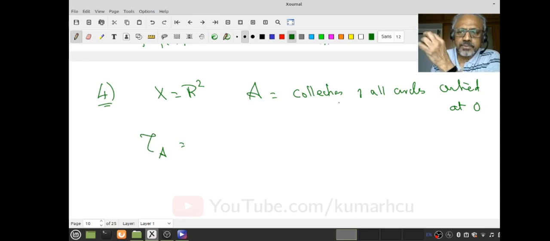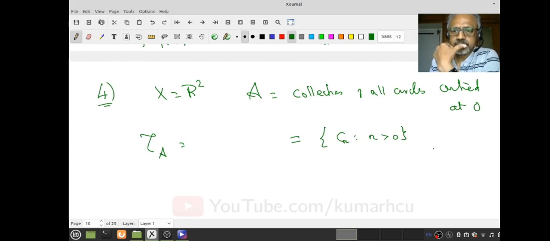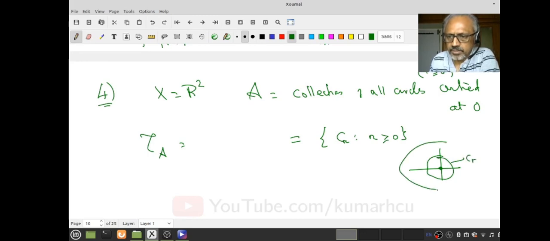Now take any 2 distinct elements in A. This is nothing other than C_r, where r is positive. But I want 0 also, therefore let me say r greater than or equal to 0. All circles of radius greater than or equal to 0. So this is r equal to 0, this is C_r, and this may be my C_s.